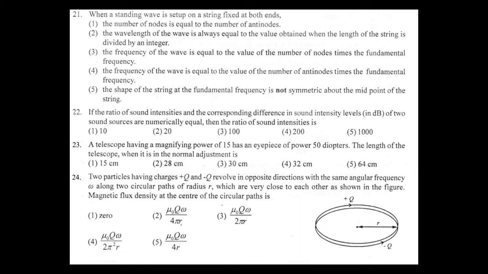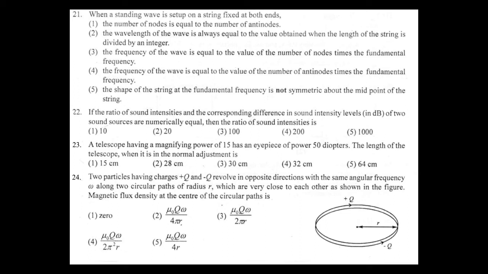By using the right hand grip rule, you can find that the direction of the magnetic flux density at the center is inside your book, and the magnitude is given by mu naught I over 2r. And for the minus q charge, minus q is moving in the anticlockwise direction, so it is equivalent to plus q moving in the clockwise direction.